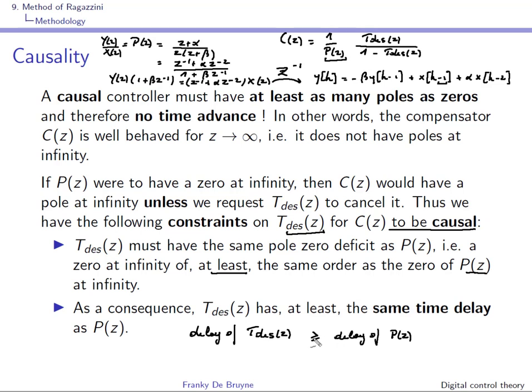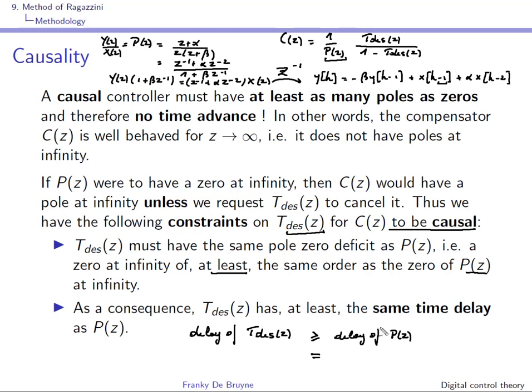In practice, you will simply say equal. If there is a delay in the process, it makes sense that the closed loop transfer function should have at least the same delay.